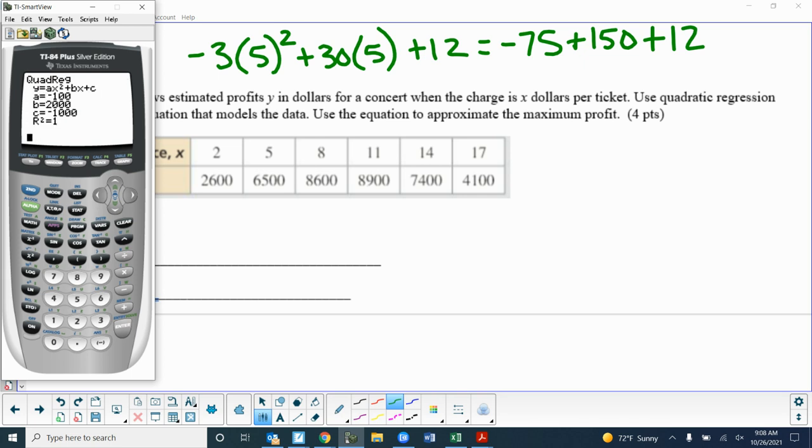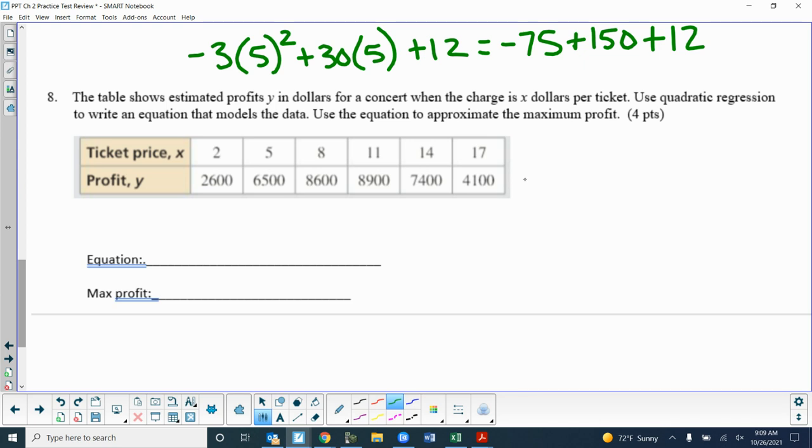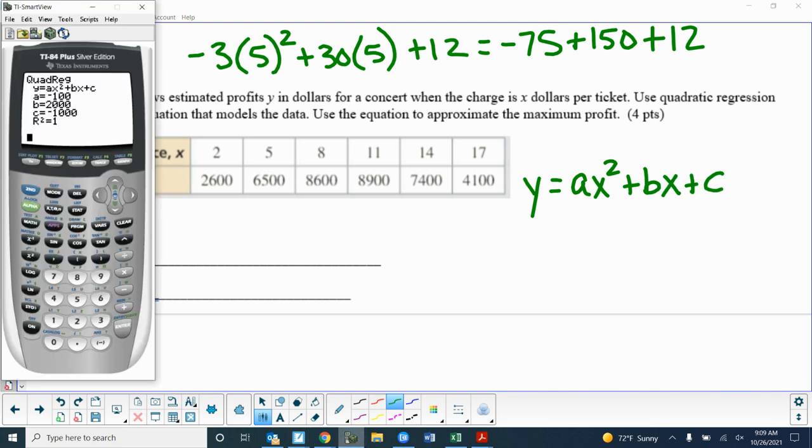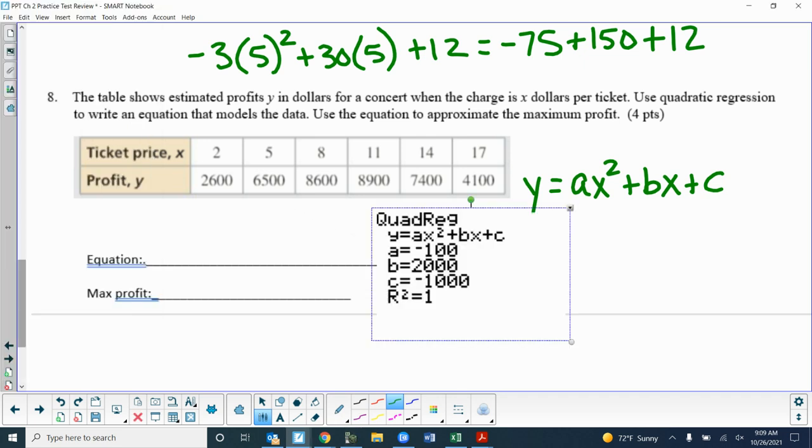And then calculate it. And it gives you your A, B, and C value for your equation. Remember, your equation, for your standard form of a quadratic, is on this slide, right? So I'm just substituting those numbers in, okay?